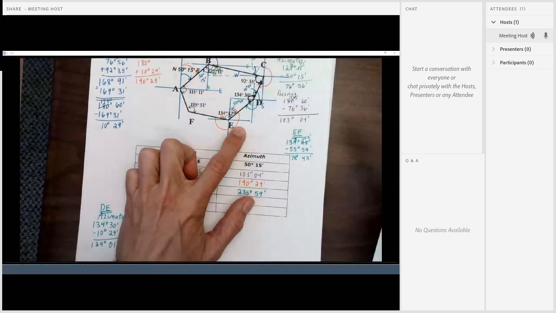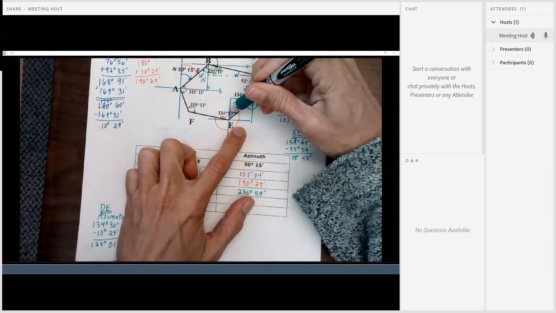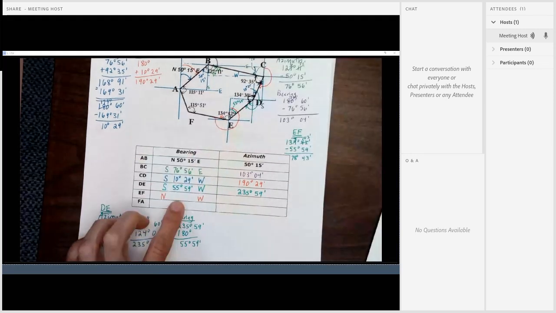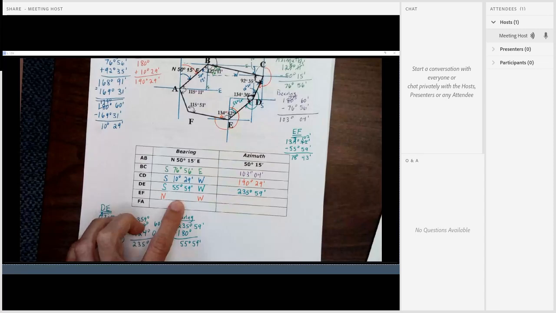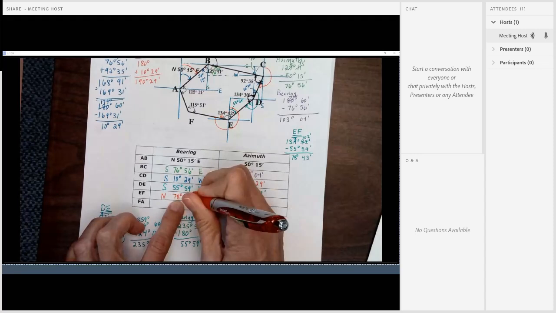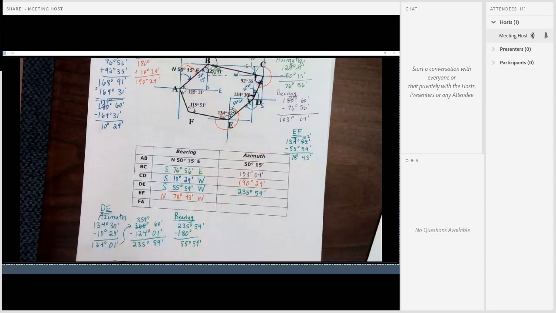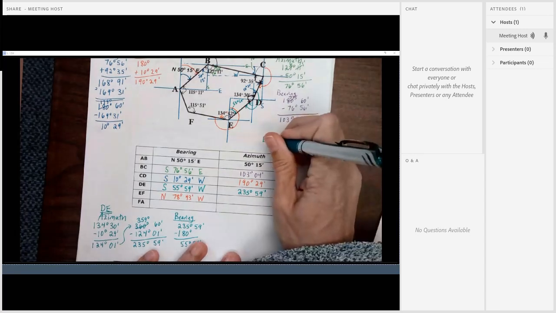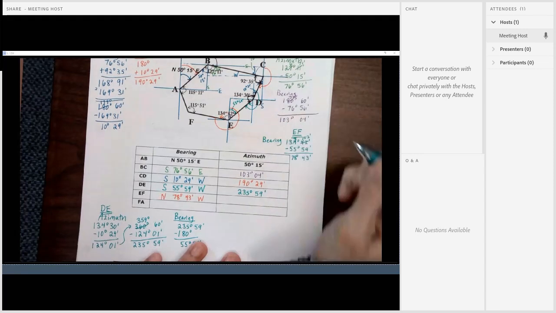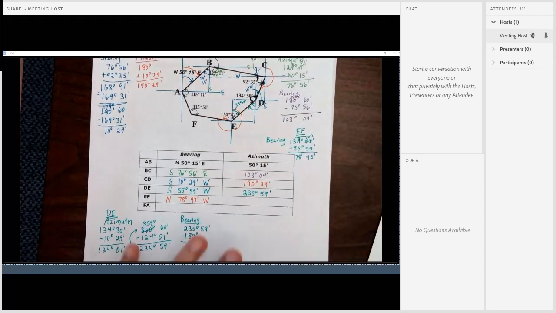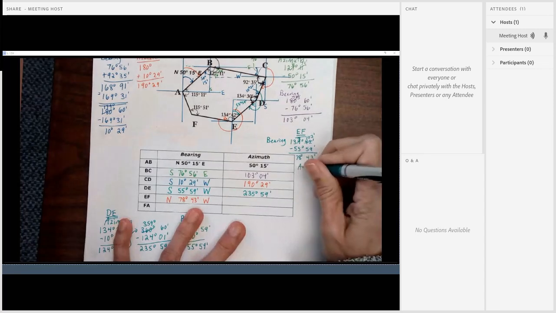So I've just gotten rid of this piece and I'm just now left with the bearing. We said that's coming from the north, going towards the west. So that's the 78 degrees, 43 minutes. All right, so that was the bearing. We'll label that bearing calculation there for EF. So let's go ahead and find that azimuth now. Put it underneath.